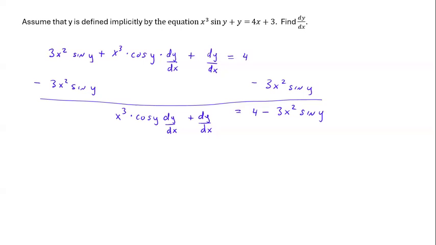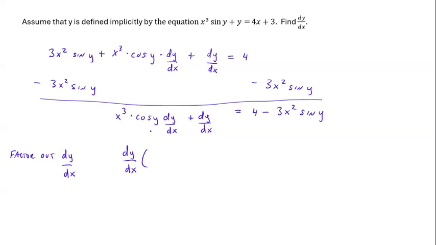Right, and now on that left-hand side, we want to factor out the dy/dx, since each of those terms has that in common. So we're going to factor out dy/dx.